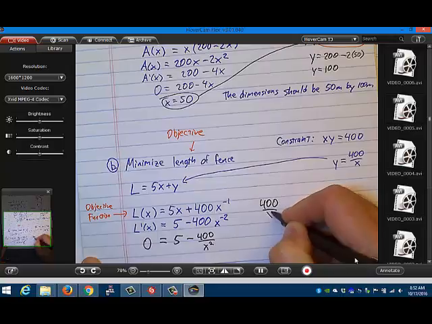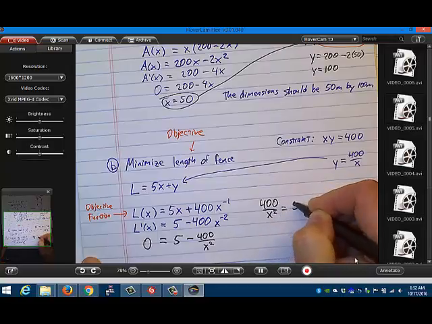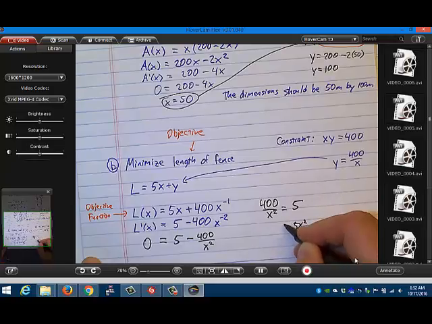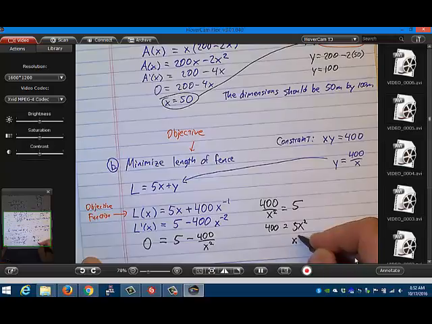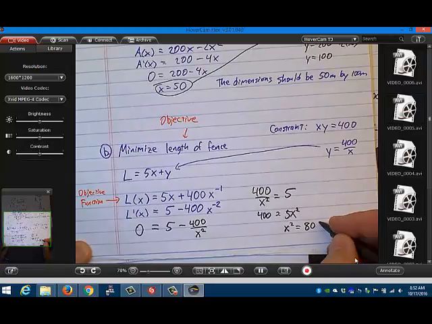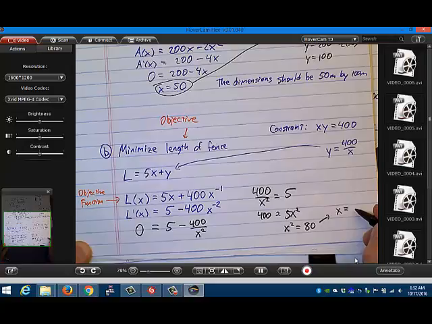400 over x squared is equal to 5. So 5x squared is equal to 400. So x squared is equal to 80. And so I get from this, x is, well, it's interesting, because the rules of algebra say plus or minus the square root of 80, right?